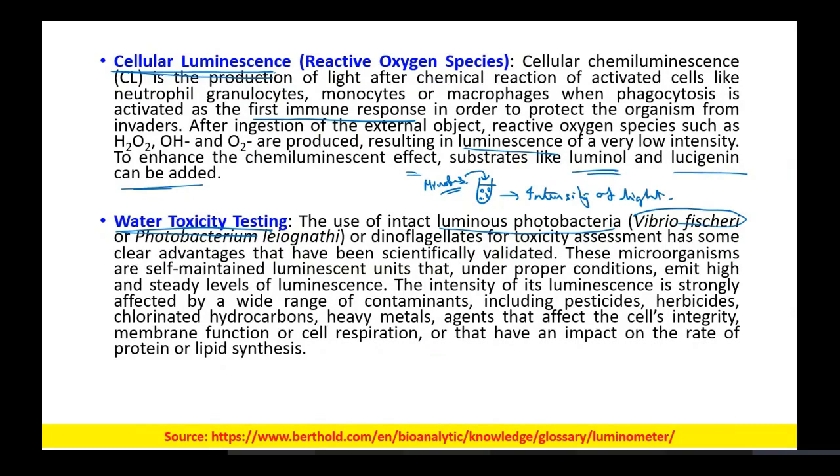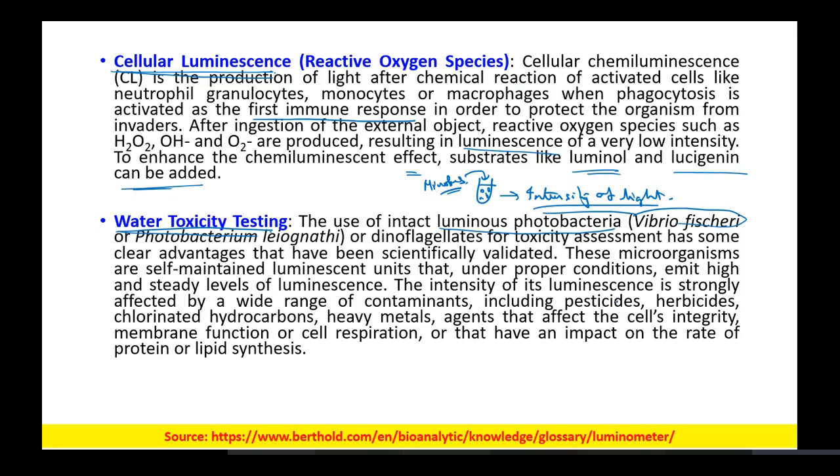However, after adding it to this water for which you want to test the toxicity, if it is toxic to the cells, the bacteria or the microbes, then it will be killing the bacteria, and if they kill the bacteria, the intensity of the light would come down over a period of time.